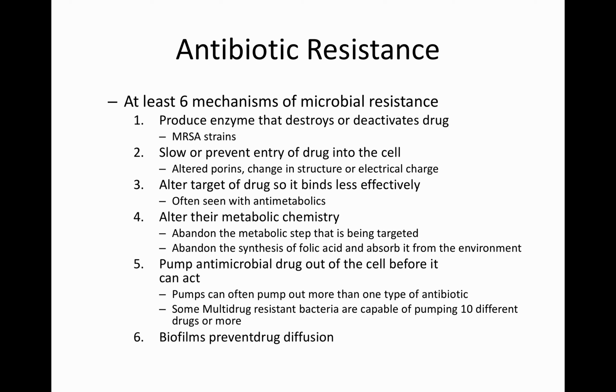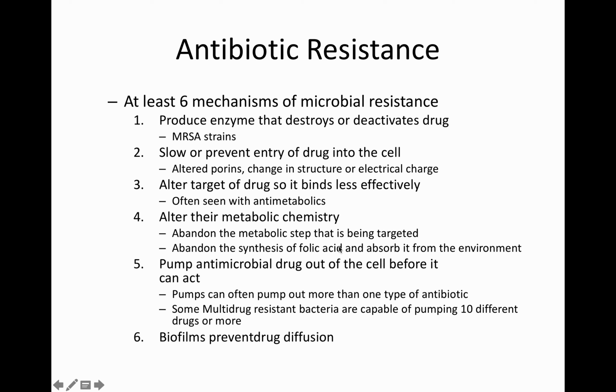Alter the target of the drug so it binds less effectively, often seen with antimetabolics, so altering an enzyme active site, for example. Alter their metabolic chemistry, so abandon a metabolic step that's being targeted. So abandon the synthesis of folic acid, for example, and absorb it from the environment.